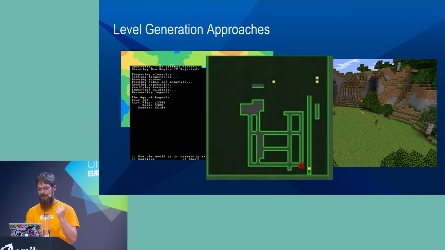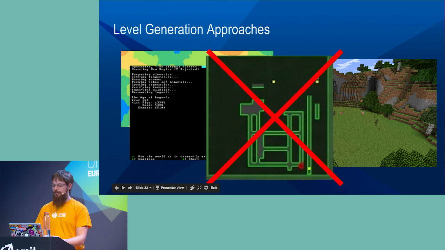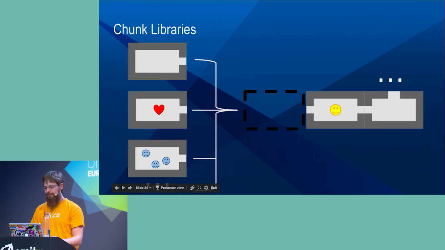This is a game where the levels were procedurally generated, but you can see that the player here is in this map, but these yellow dots, which are his goals, are not reachable. So you need something that is better than that. And that's chunks.